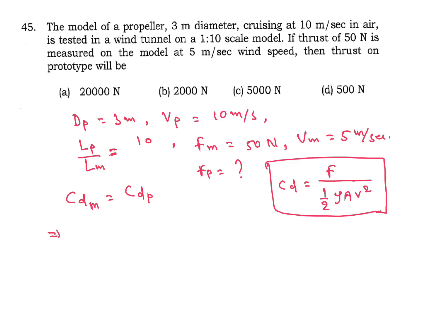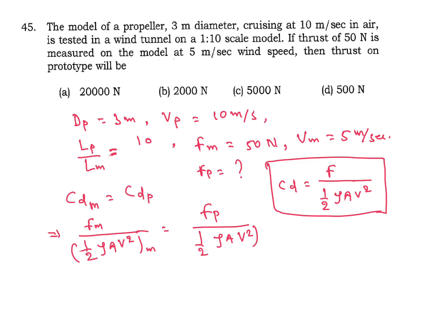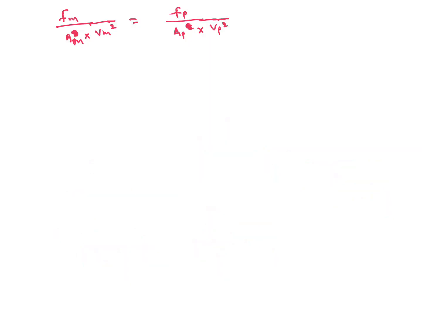So F of model by half rho A V square of model equal to Fp by half rho A V square of prototype. Half rho cancel. So we got F by A V square of model equal to F by A V square of prototype.